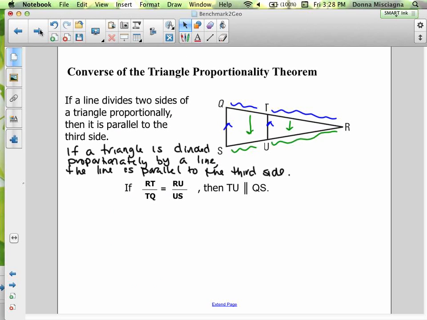If a line divides two sides of a triangle proportionately, then it's parallel to the third side. So if RT over TQ equals RU over US, then TU is parallel to QS.